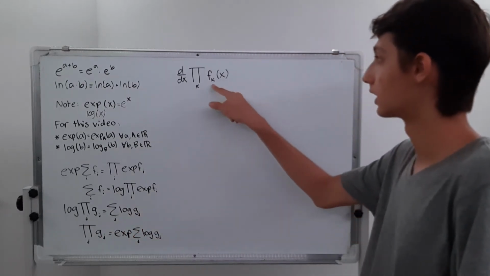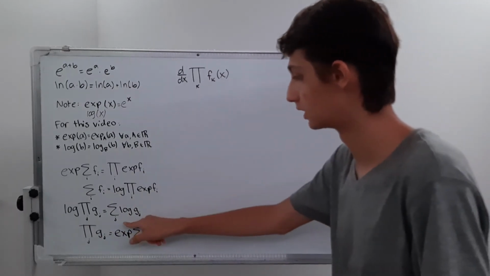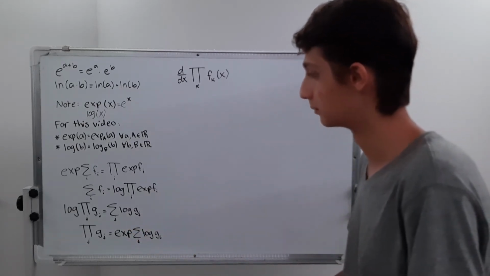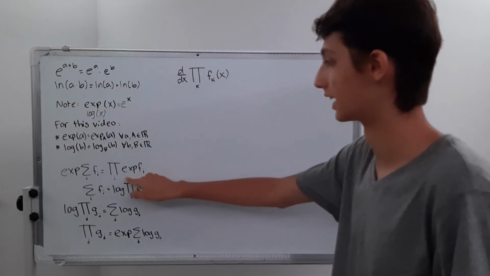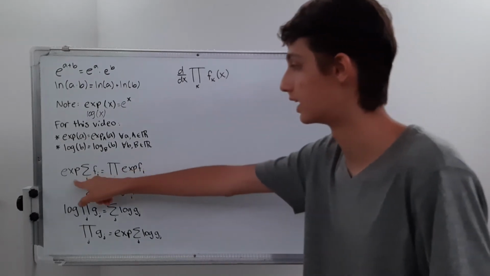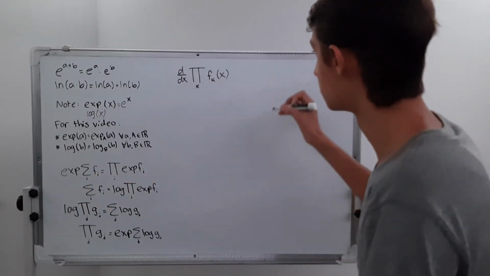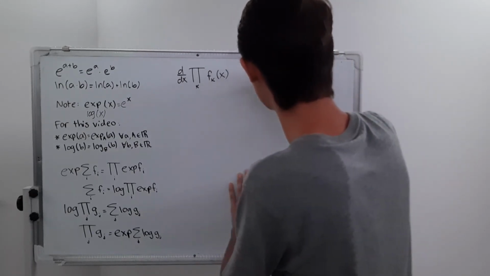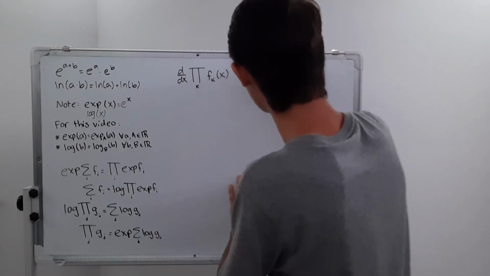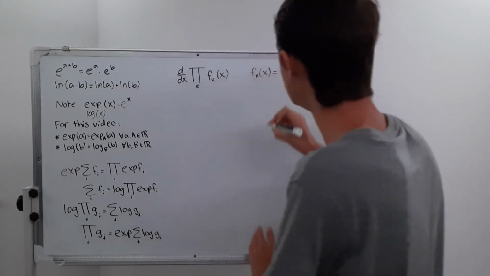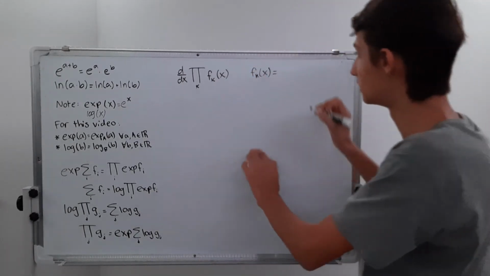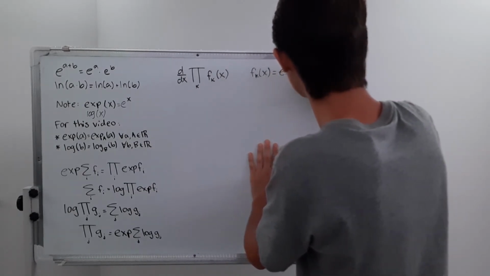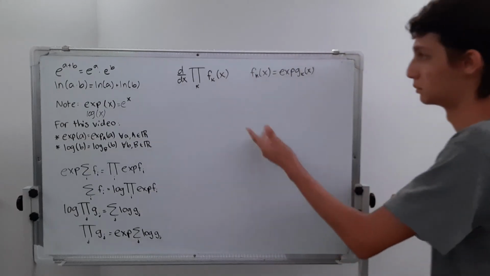So if we let f sub k of x be the exponential of a g sub k of x, and we want to use the same index, because that's going to be convenient.